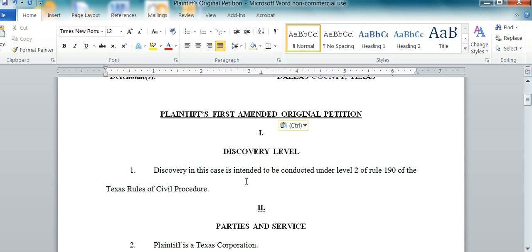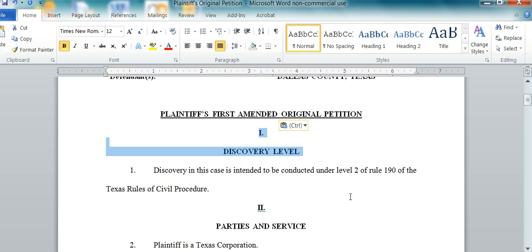The next thing you're going to see, and these might not necessarily be in the exact order. There's no rule that says it has to be in this particular order. The next thing you're going to see is the discovery level. In Texas, the discovery level is governed by the Texas Rules of Civil Procedure, Rule 190.